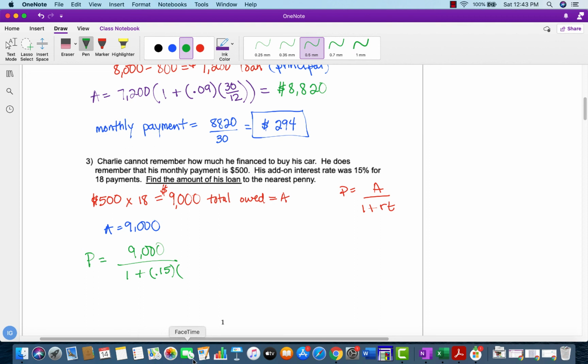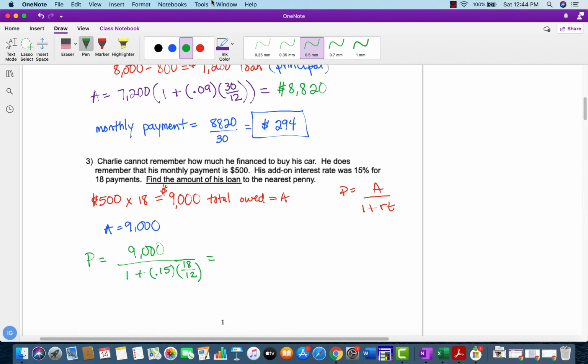Now remember, when you pay a car you do it monthly, so basically 18 months, and because it's in months and not in years, I'm going to do 18 over 12. So type this in the calculator, and that should give you the initial price of the car before paying it with interest.